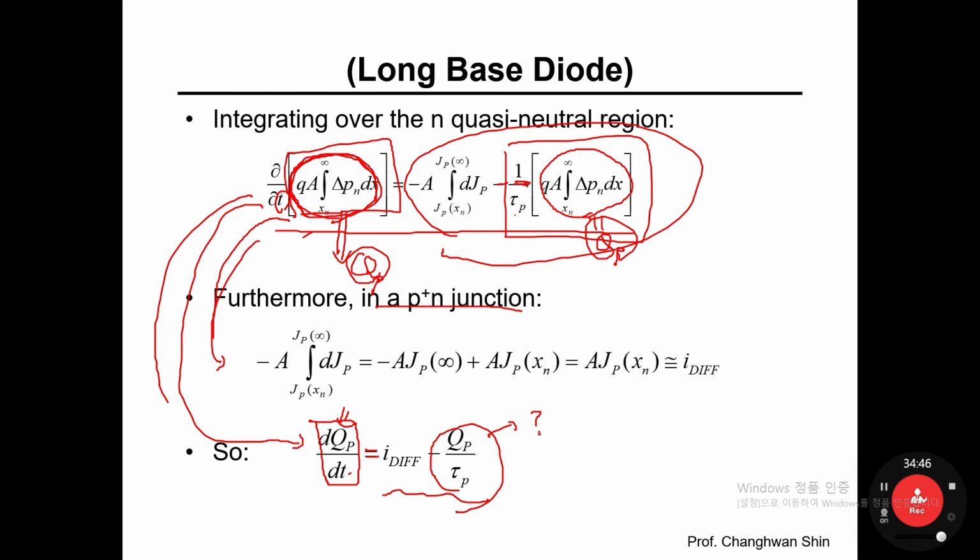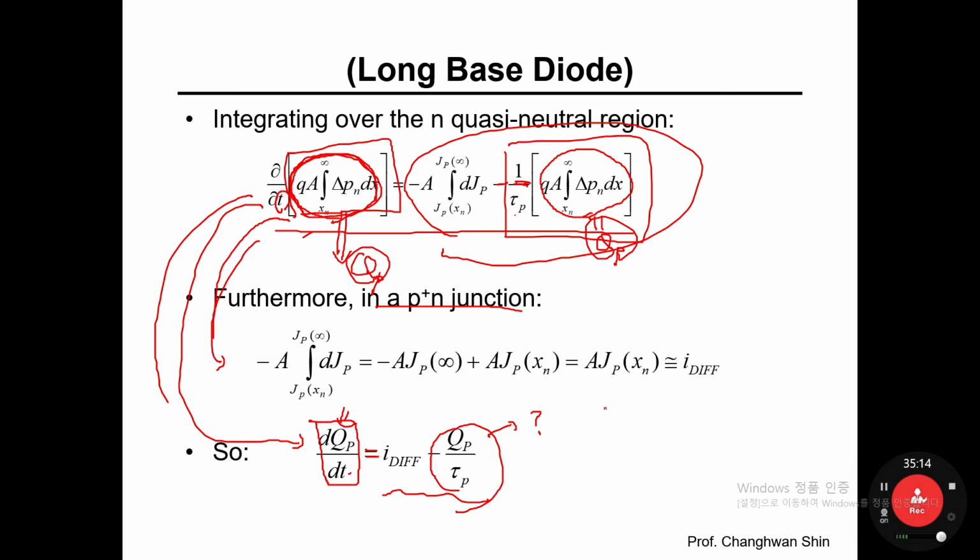Under forward bias, the holes are injected inside, and those holes are stored and kept in the quasi-neutral region. That total charge has been divided by tau sub p, which is the minority carrier lifetime. So the unit of Qp is Coulomb, and the unit of tau p is second.